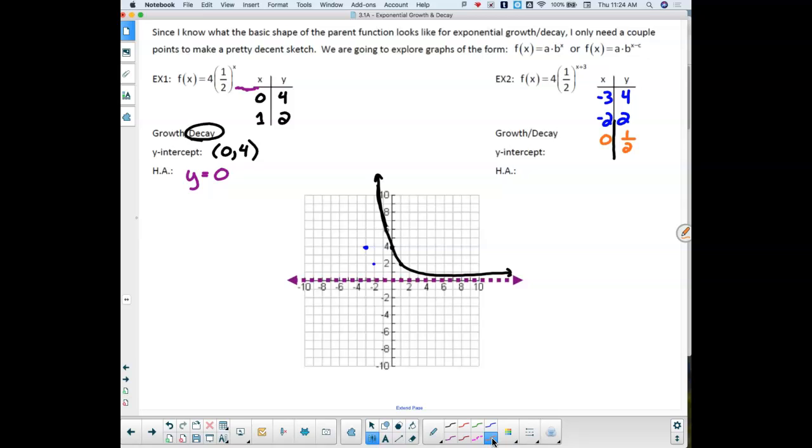Half. Okay. So my y-intercept is at 0, 1/2. What's my horizontal asymptote? Y equals 0. Is it a growth or is it a decay? Still a decay.